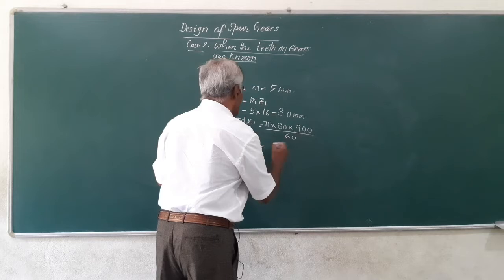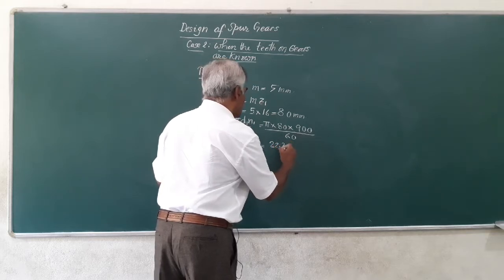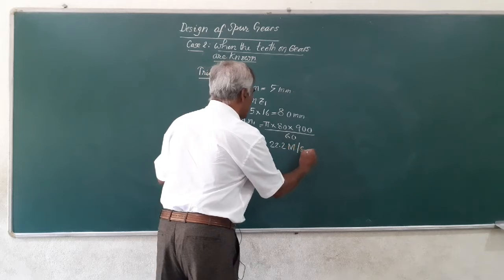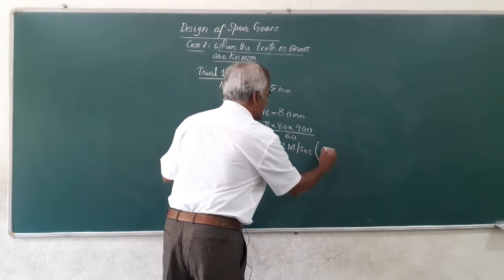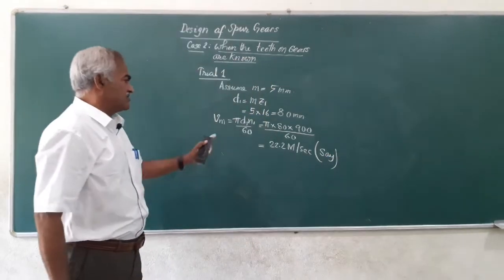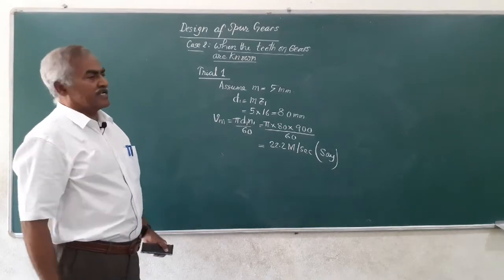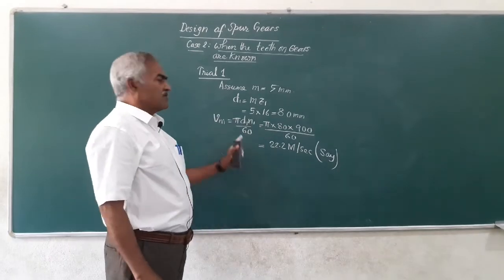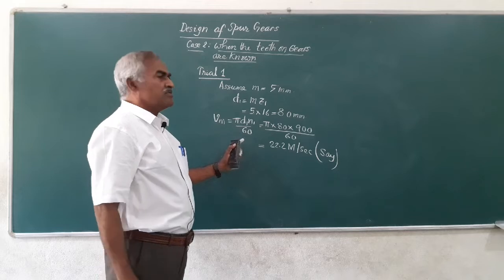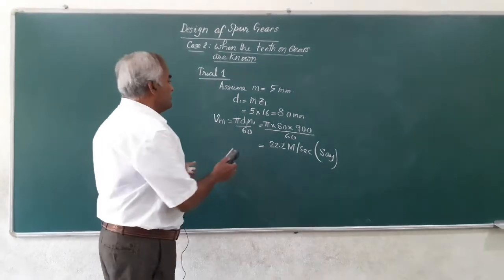So you will be able to find out say some 22.2 meter per second. This is only an assumption, that is you are going to assume, you are not actually calculating any of these values. So Vm is equal to 22.2 meter per second. Friends, once you know this velocity, you should be able to select a suitable equation from the handbook for the velocity factor.